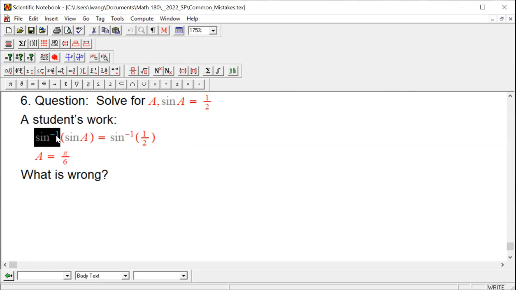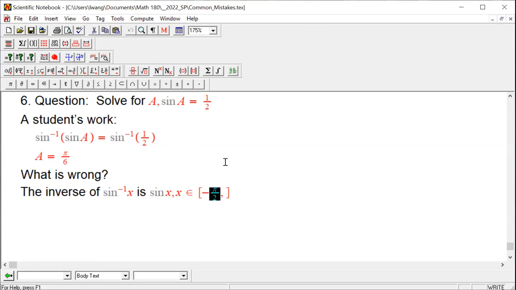The inverse of arc sine is sine, where x is in that otherwise specified interval, negative pi over 2 to pi over 2.